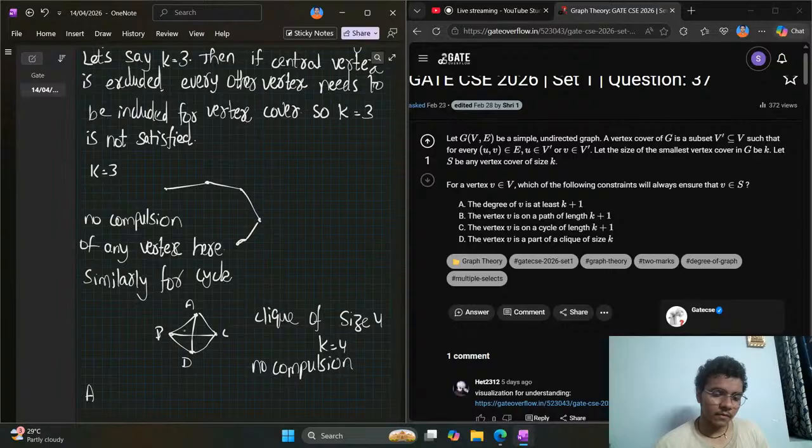Okay. Let's say this edge is equal to 1, 2, 3. It is covered. Let's say this edge, and then this, and then these are covered. And this is included.